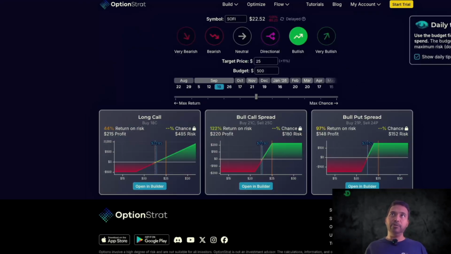In the free plan you don't have to buy anything for this. Come here, put your details, put your budget, put your target price, and see quickly what strategies you can think of implementing. So a very good site. I use it to quickly see my trades and analyze them along with the platform.